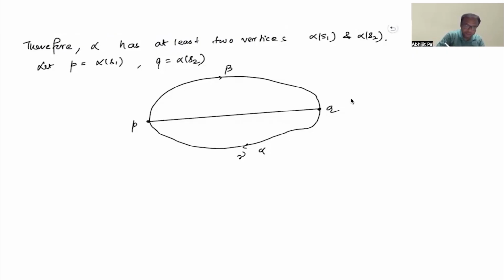So first, what we will show is the following. Suppose this is my line L and you take a unit normal vector perpendicular to this line L. Take a unit normal vector like this.